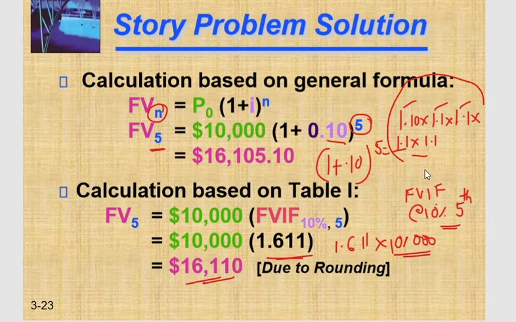Like that 5 times you have to multiply. Power means that. So you will get the same value, approximately 1.6105. So approximately you will get 16,105.